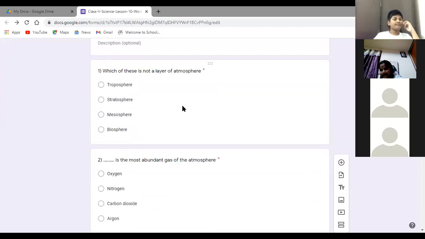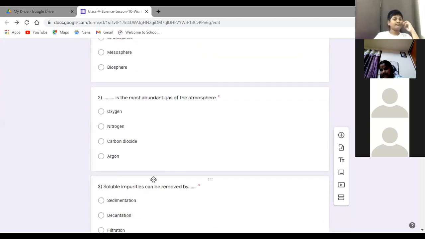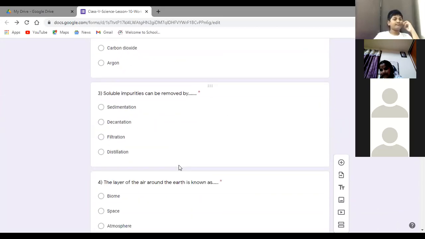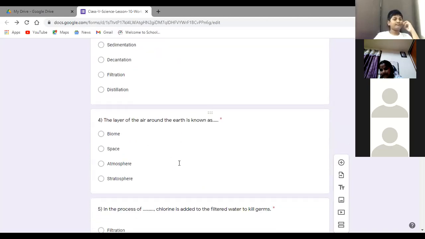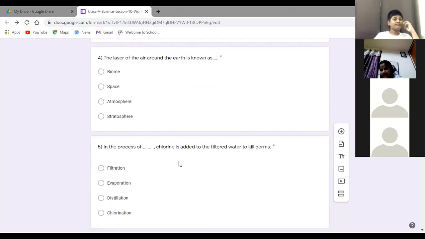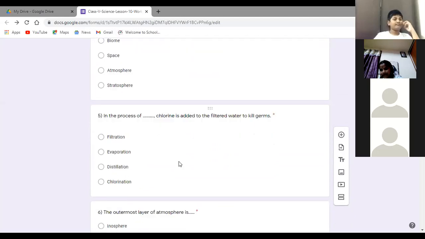Which of these is not a layer of atmosphere? Troposphere, stratosphere, mesosphere, biosphere. Dash is the most abundant gas of the atmosphere. Oxygen, nitrogen, carbon dioxide, and argon. Soluble impurities can be removed by sedimentation, decantation, filtration, distillation. The layer of the air around the earth is known as biome, space, atmosphere, stratosphere.